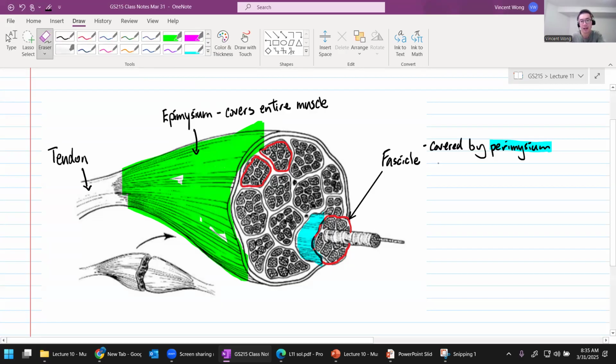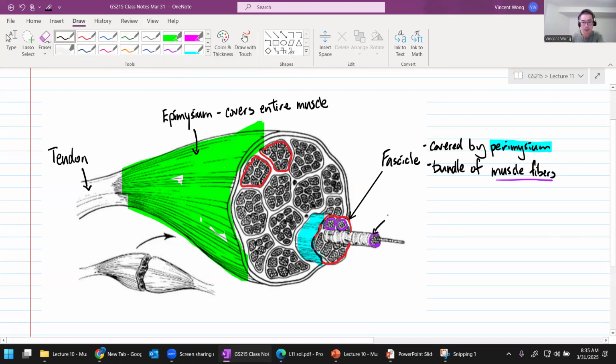And the fascicle is basically a bundle of muscle fibers. So that's a muscle fiber. That's a muscle fiber. And this thing that got pulled out, that's also a muscle fiber.